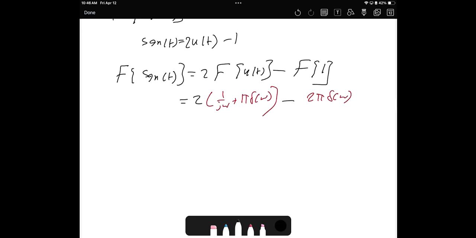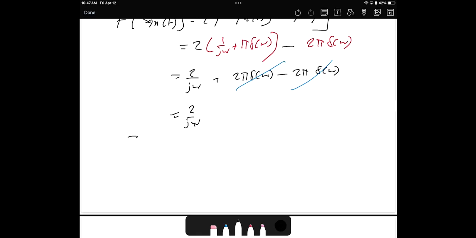Then to simplify it, it will be 2 over j omega plus 2 pi delta of omega minus 2 pi delta of omega. This term and this term will cancel each other. This yields 2 over j omega. So in other words, we can say the Fourier transform of the sign function will be 2 over j omega.